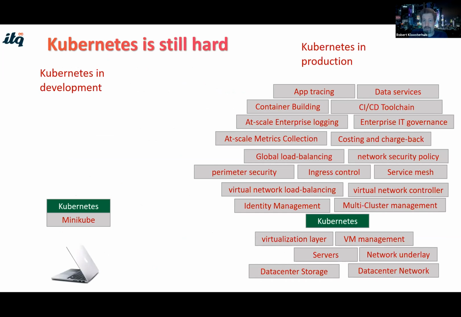You can get going in minutes. You can start developing your applications, spitting out containers, getting them running in Kubernetes very, very quickly. That's not the problem. The problem is everything else you need to get an application actually running in production. Now, if you think of very large web services as applications, think of Netflix, right? They consist of thousands and thousands of pieces.